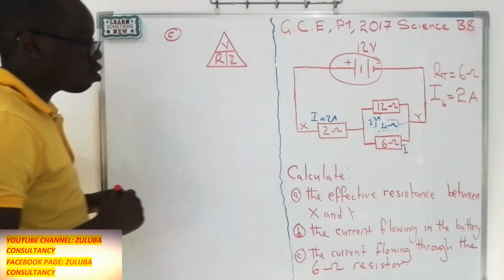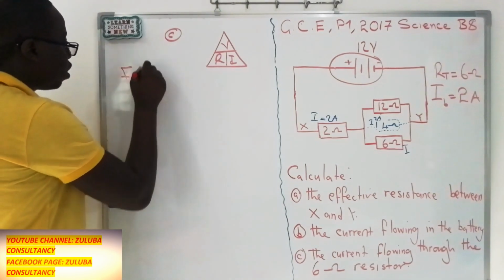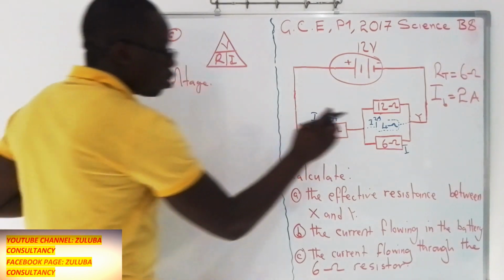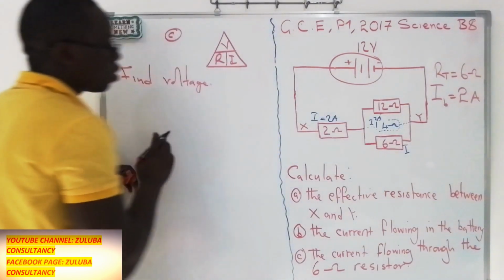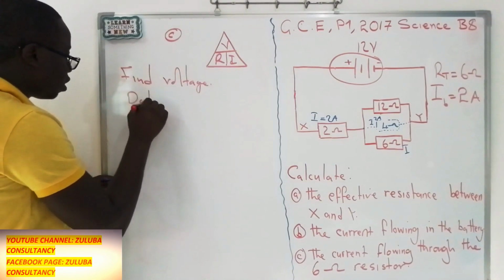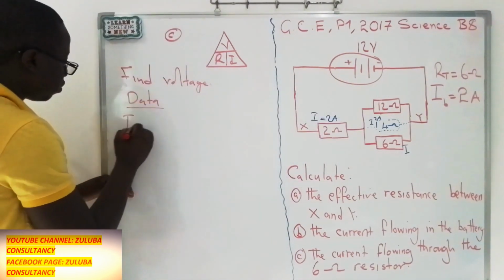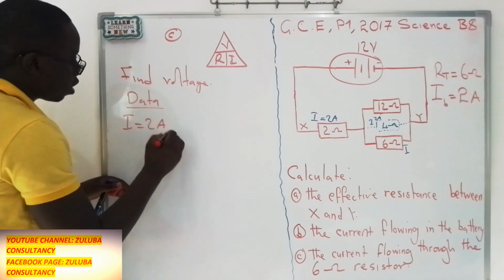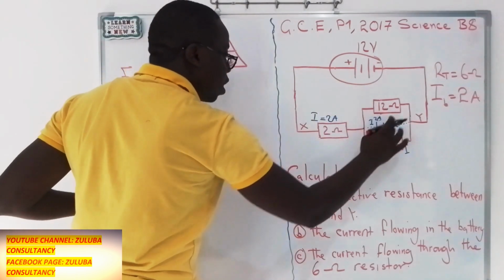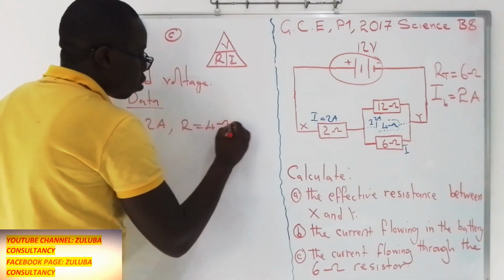So that's the first thing that we need to have. We need to find the voltage as the first thing. The voltage that is reaching this part. So we have said we can get some information there that the current that is reaching this point is 2 amps and this point has the effective resistance of 4 ohms.